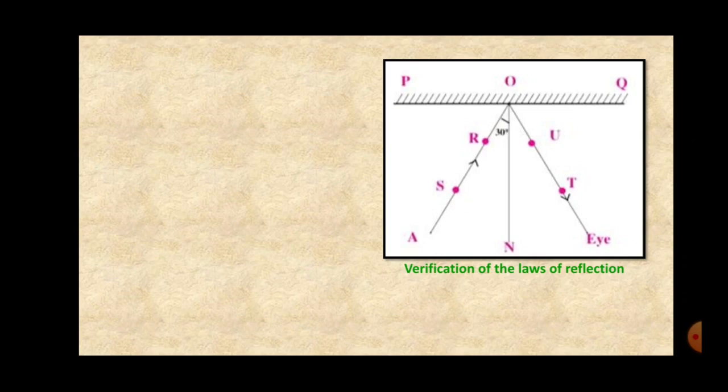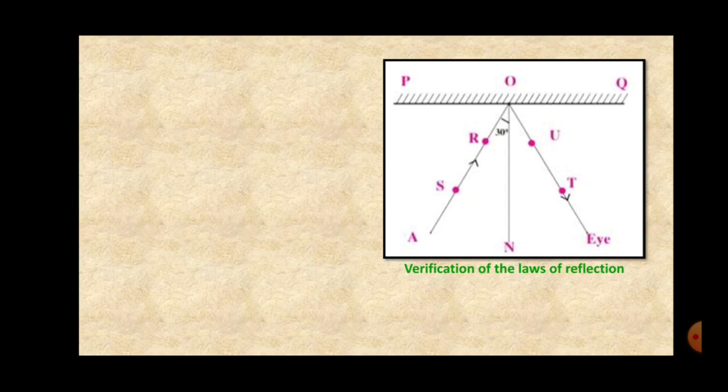Then we have to draw a perpendicular ON to PQ at the point O. Then we have to draw a ray AO, which is the incident ray, and the angle AON should be 30 degrees. That is the angle of incidence.